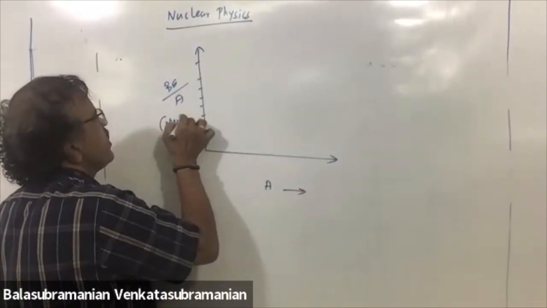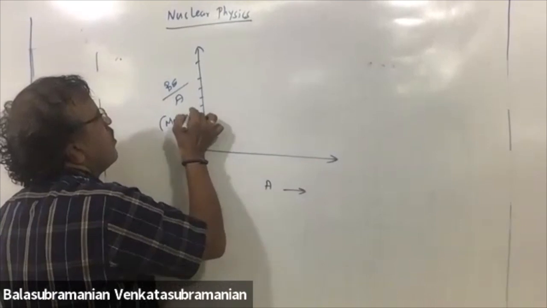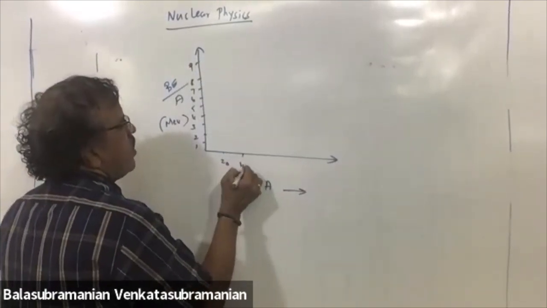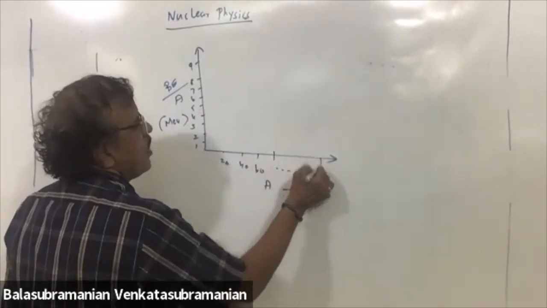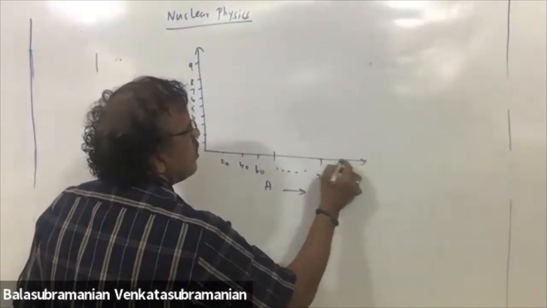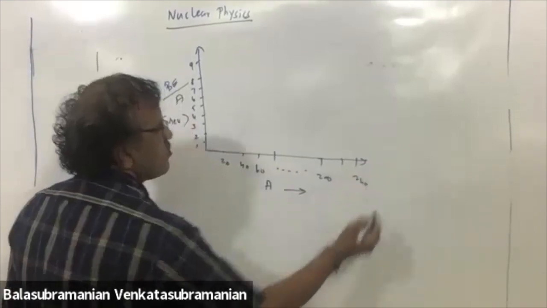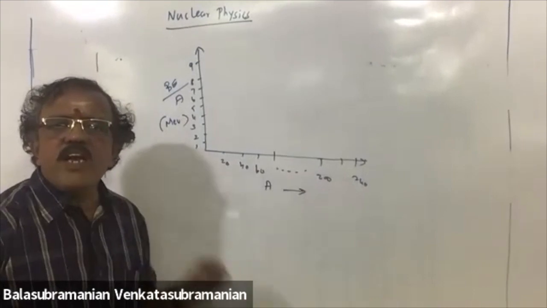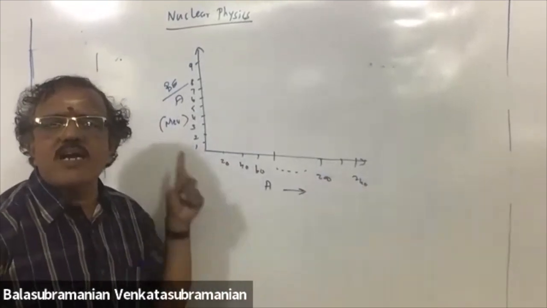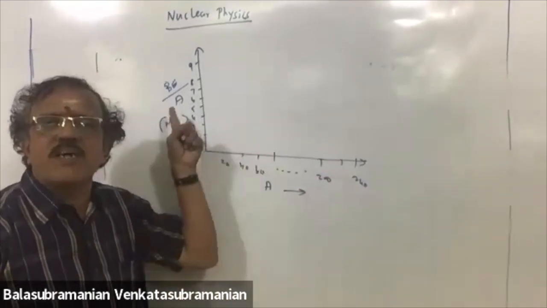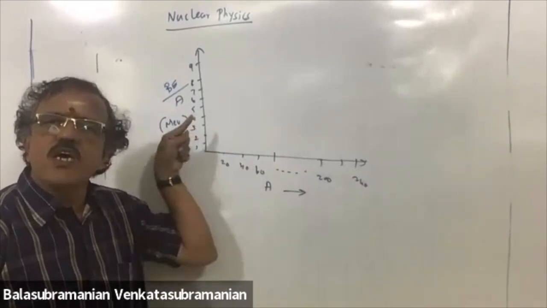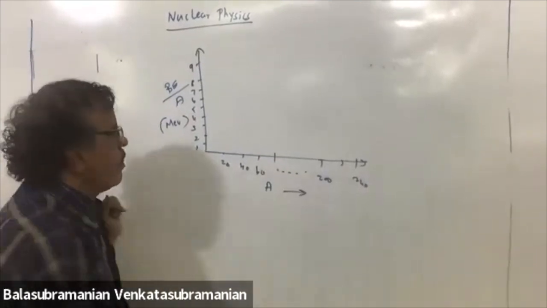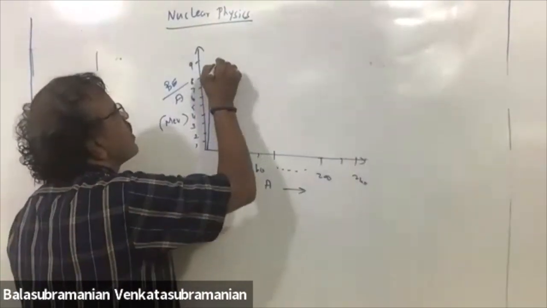This is expressed in MeV. A values 20, 40, 60, up to 200, 220, 240. So for every element from hydrogen to uranium, you calculate binding energy divided by mass number to get binding energy per nucleon, which should be in MeV only. This is the nature of the graph.